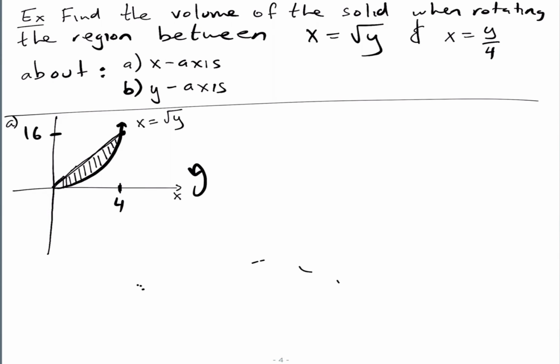So this point here, which is (4, 16), if I reflect it across, it would be (4, negative 16). And then I'll draw a straight line here like that, and it looks kind of like that, right?